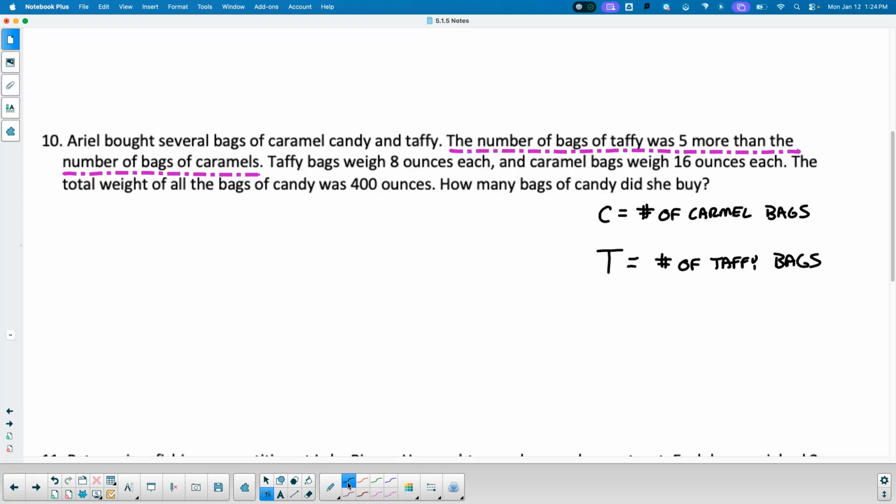Number of bags of taffy was 5 more than the number of bags of caramels. Go left or right in the sentence. Replace what you know.